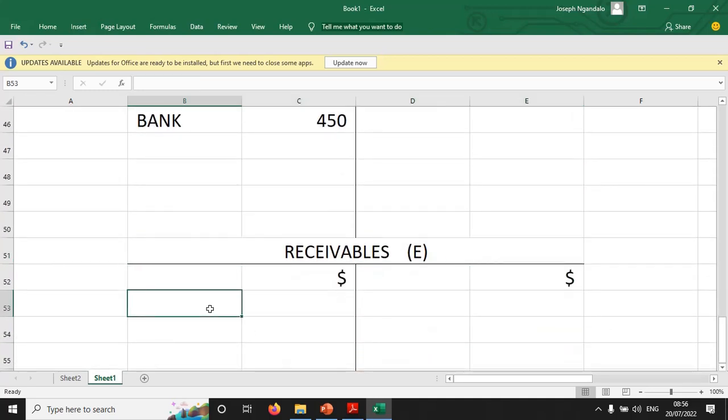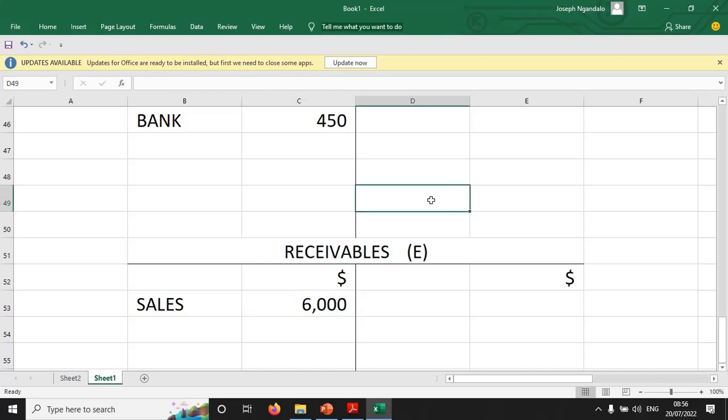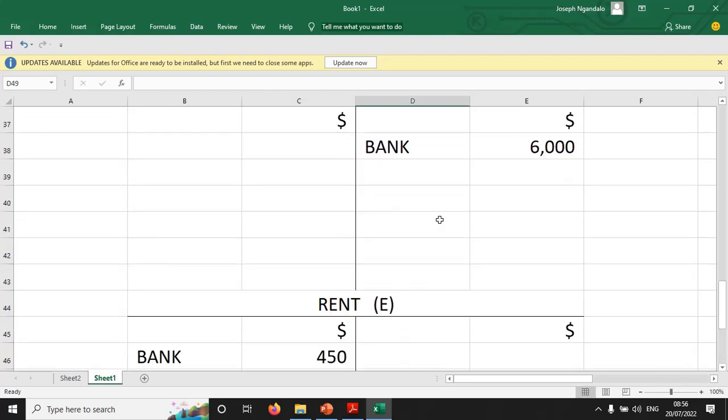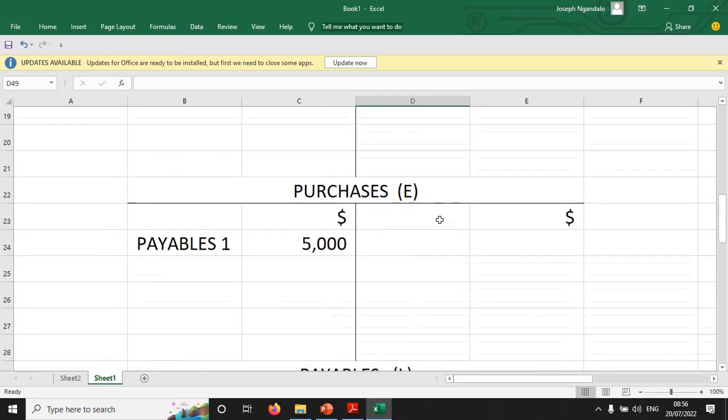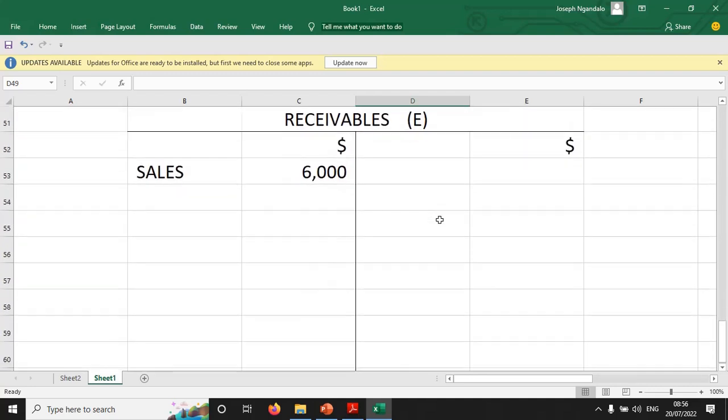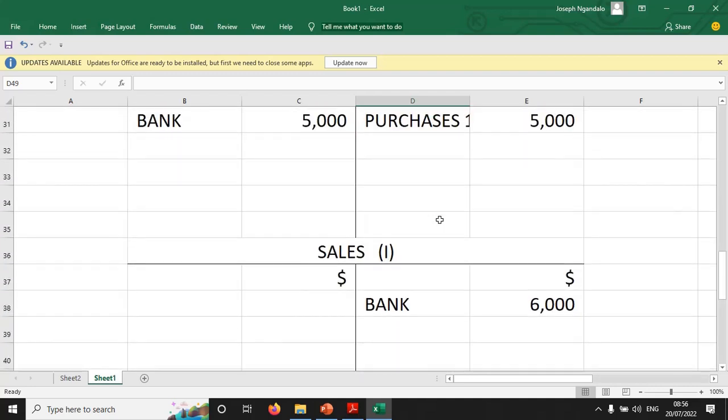So I'm going to start with the debit. And we are told, sold again the goods, 6,000, right? Is that correct? Sales will also be populated with the same. I hope that I've not skipped that one. This time around, there's no bank, but we say receivable, right?